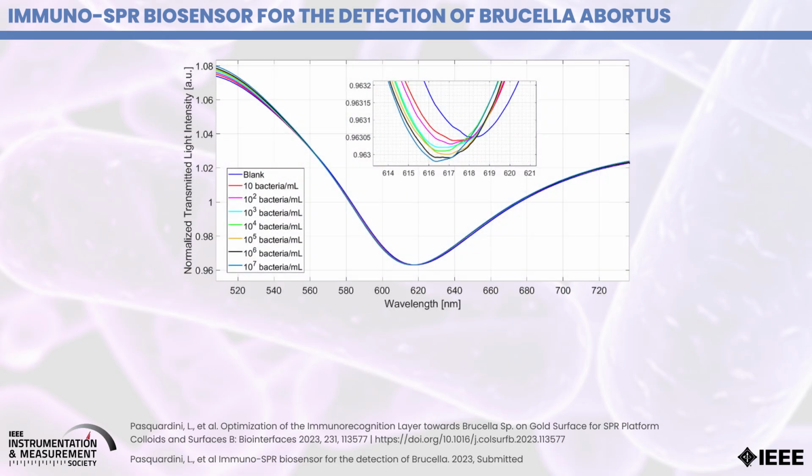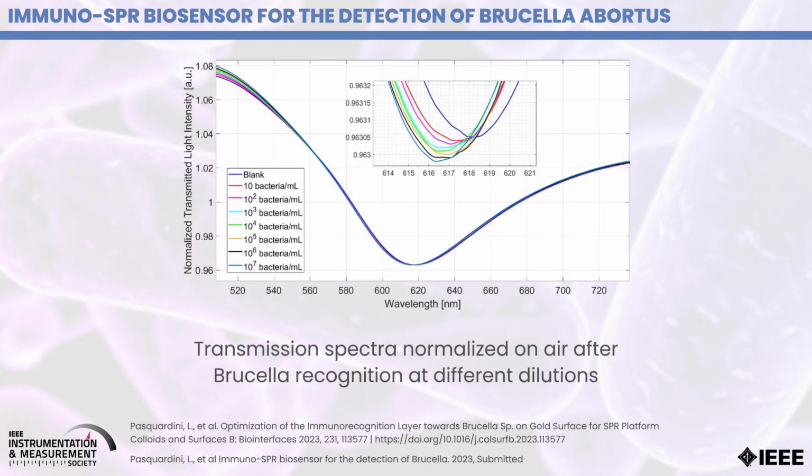The produced immuno-SPR biosensor has been tested with several numbers of bacteria per milliliter of solution, and the results are reported in this slide.